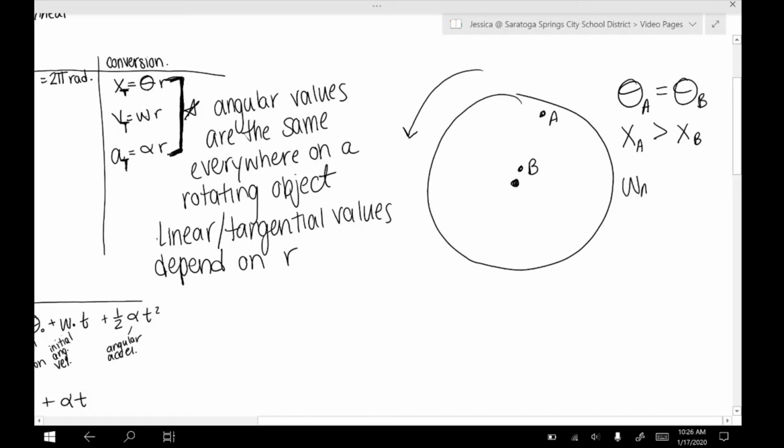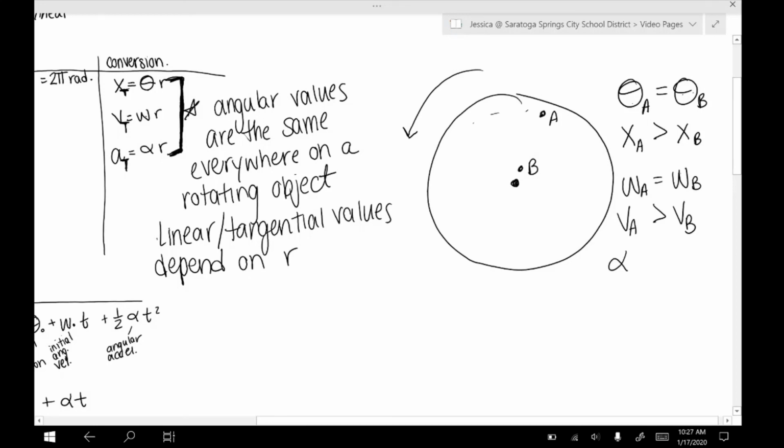The angular velocity of A, because the angular displacements are the same, is going to be the same as the angular velocity of B, but the tangential velocity of A is always going to be greater than the tangential velocity of B, because A is farther out. We have a larger distance to travel in the same amount of time.